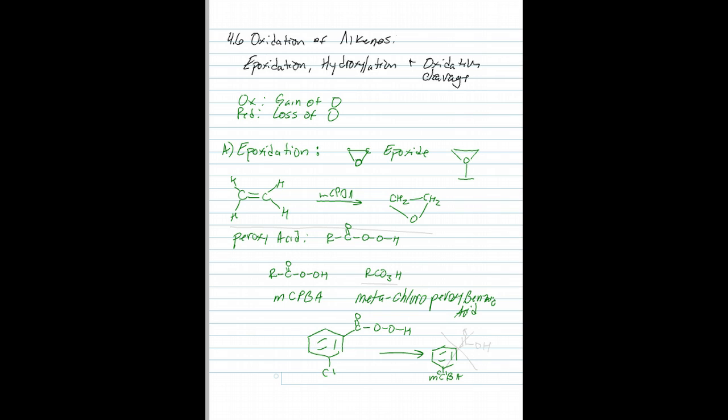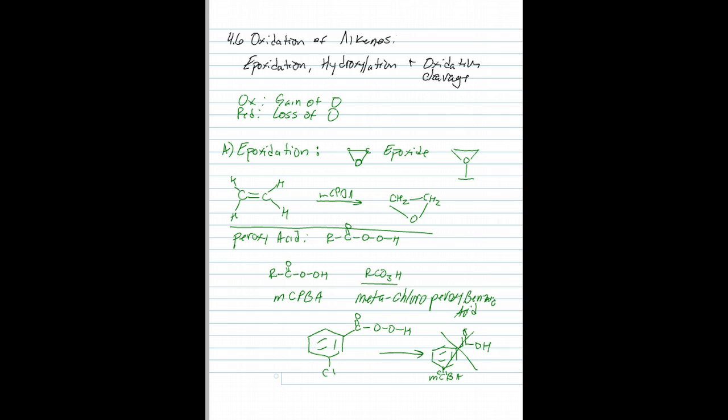It loses the extra oxygen. That extra oxygen gets attached onto your epoxide. But this is not important. I don't care what happens to that. This is the reaction. You take a double bond, add MCPBA, which you might see over the arrow, or you might see them write it as this, and you can oxidize to form the epoxide.